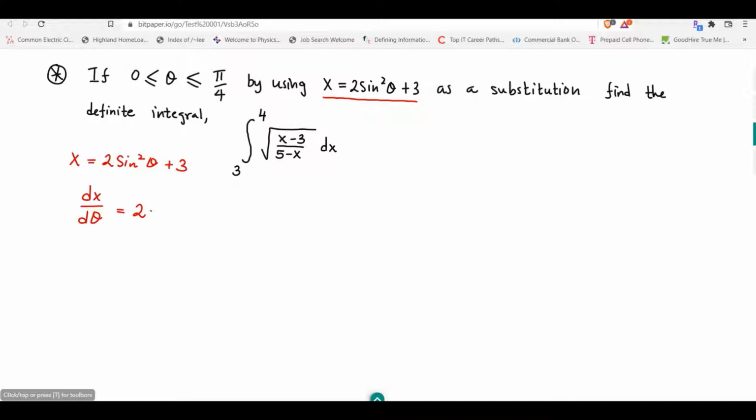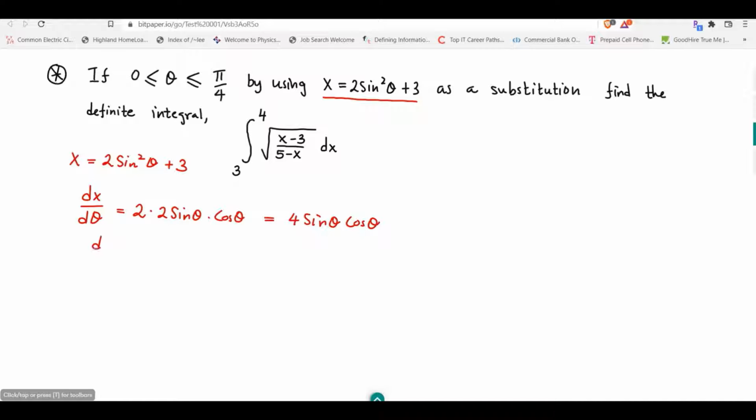That would be 2 sine theta times the differential of sine theta, which is cosine theta. Now you can see 3 is a constant, and the derivative of a constant is 0, so I'm not going to write that. Here it will be 4 sine theta cosine theta.